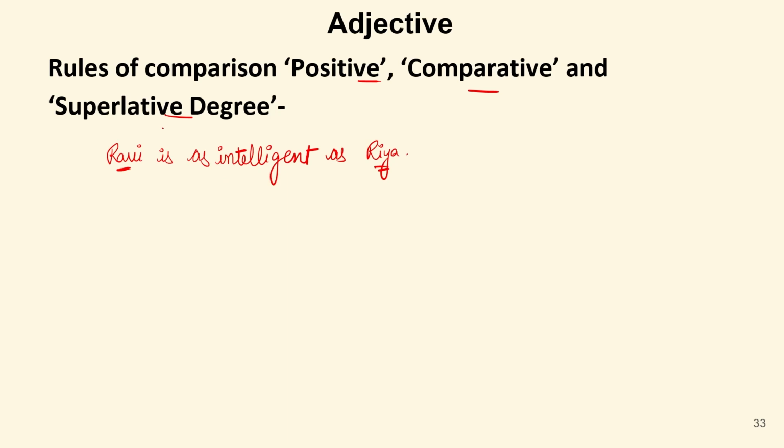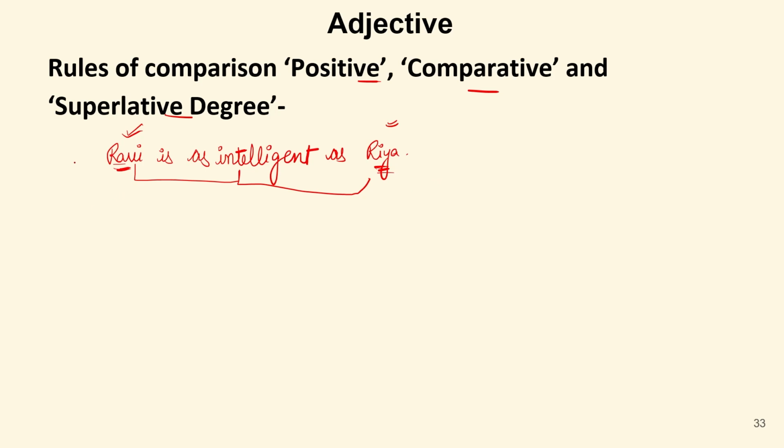It means the person that is Ravi is same as Riya, the other person, or he is as intelligent as she. It means both are same, both are intelligent on the same level to the same extent. So in this case, both are behaving like a subject.